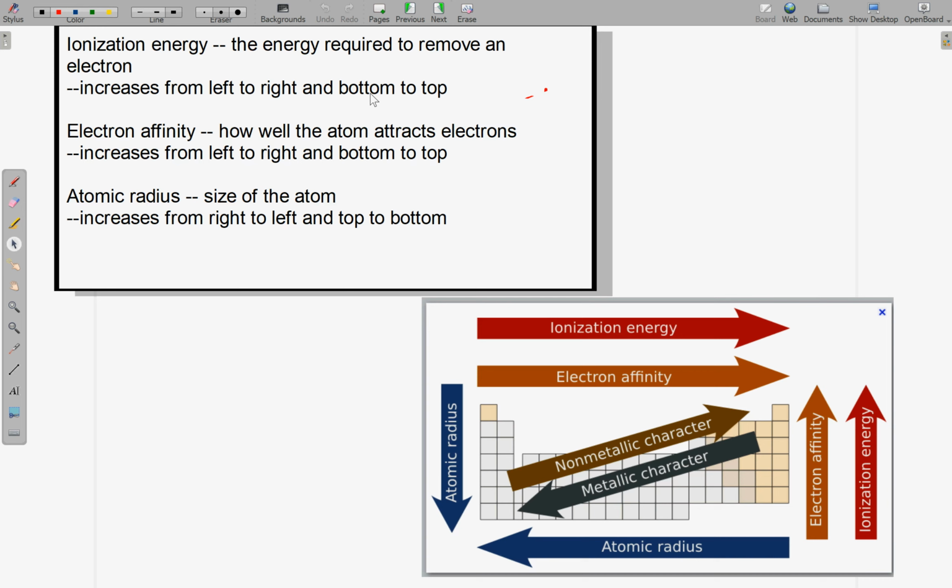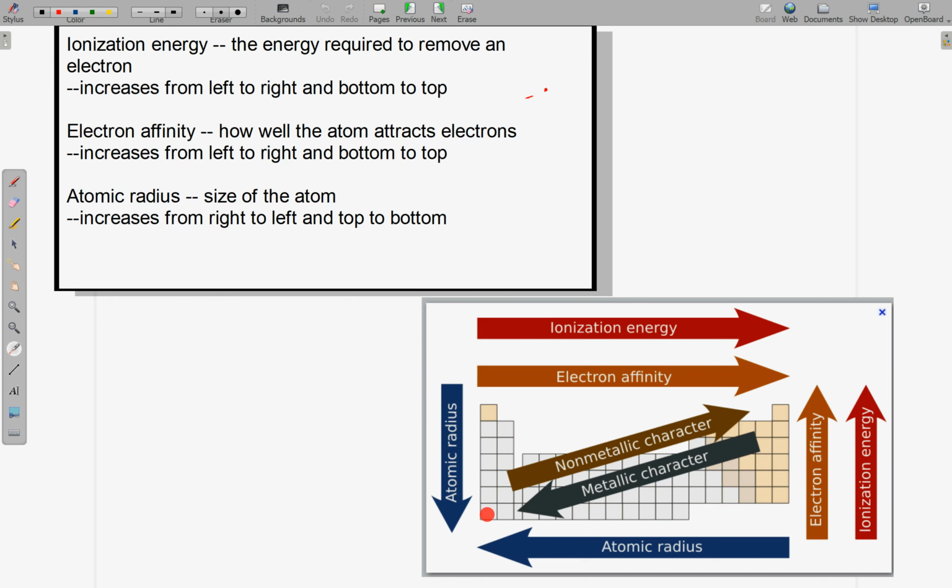I would be familiar with these trends. Ionization energy is the energy required to remove an electron, and it increases from left to right and bottom to top. Now this makes sense because if you think about metals, all right, the metals are all over here, right?